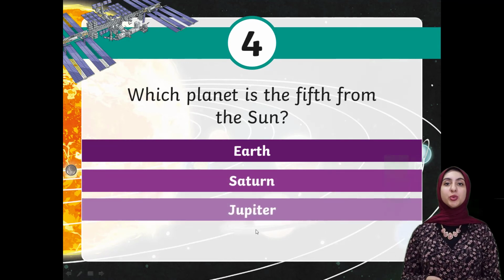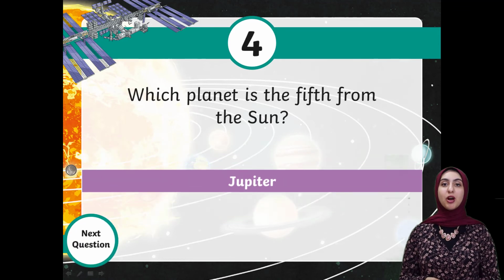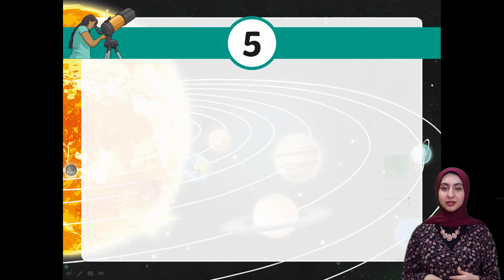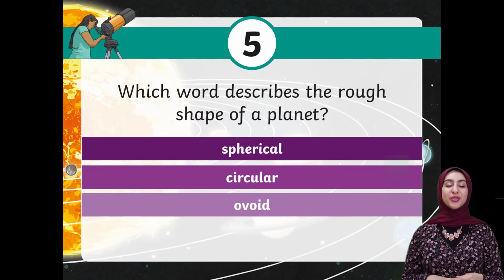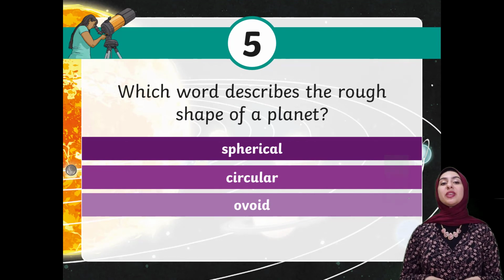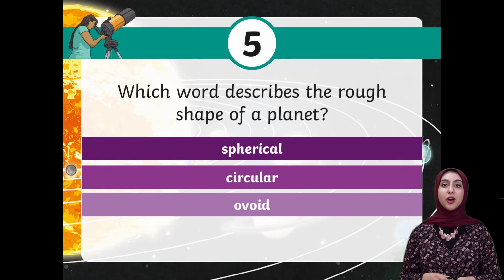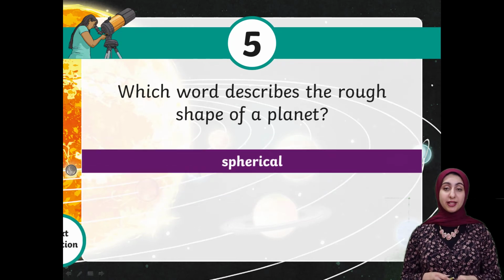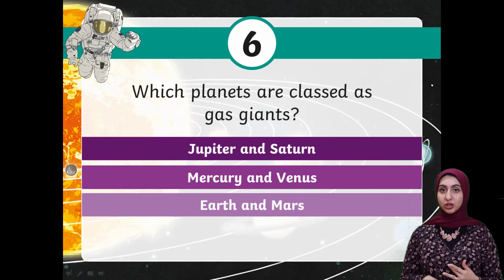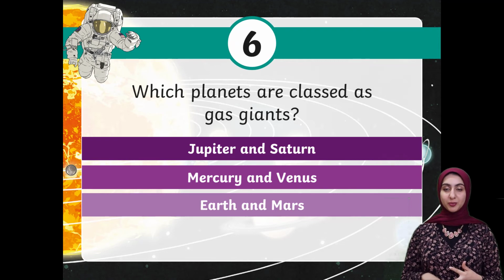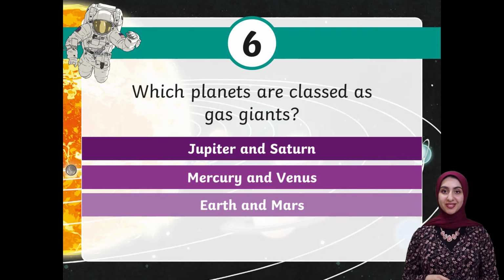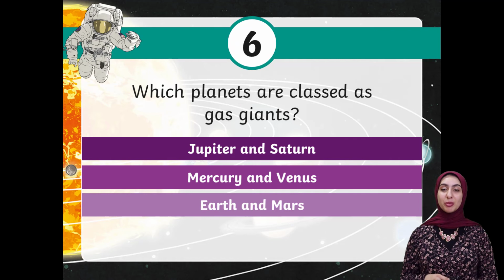Okay, which word describes the rough shape of a planet? Yes, spherical. Okay, which planets are classified as gas giants? Jupiter and Saturn, Mercury and Venus, Earth and Mars? Yes, of course, Jupiter and Saturn.